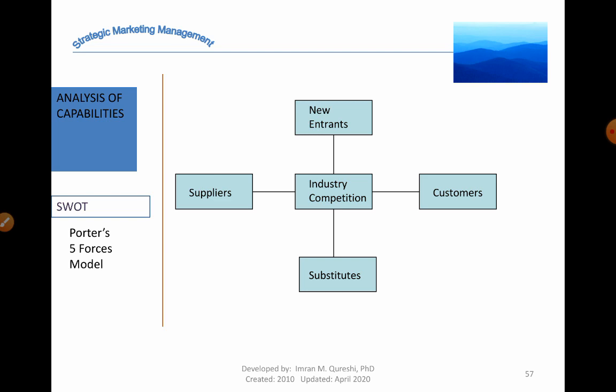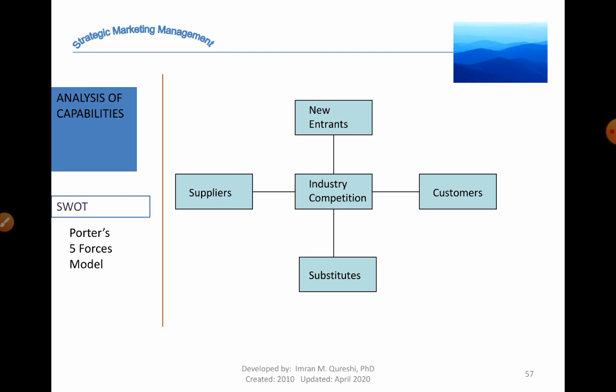So what is the company's ability in terms of its industry competition? If it is a market leader, or a leader in any respect, market leader, cost leader, technology leader, innovation leader, then obviously that would be taken as a strength. If a company has good connections with its suppliers, good access to its suppliers, which again would tell us about good access to resources or inputs.